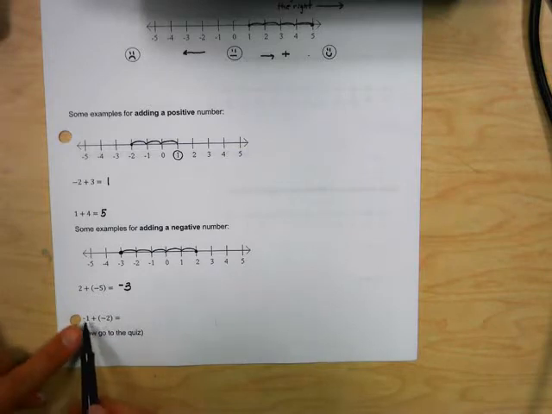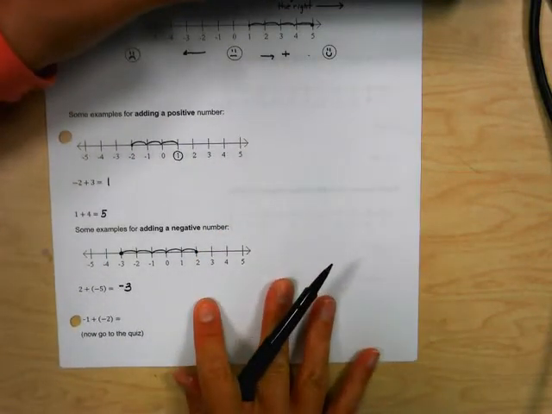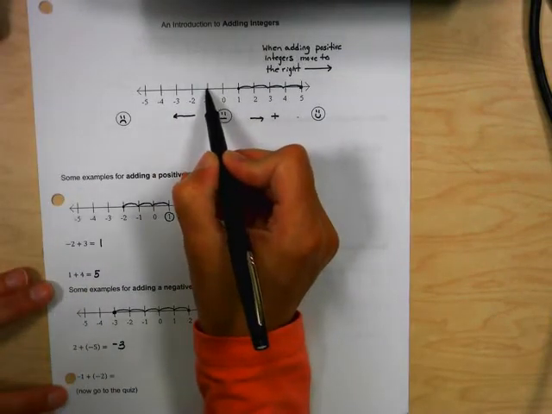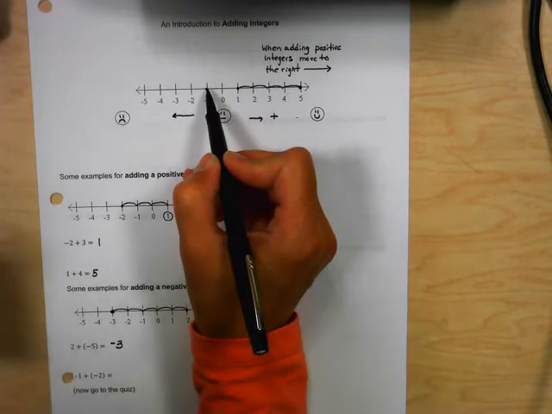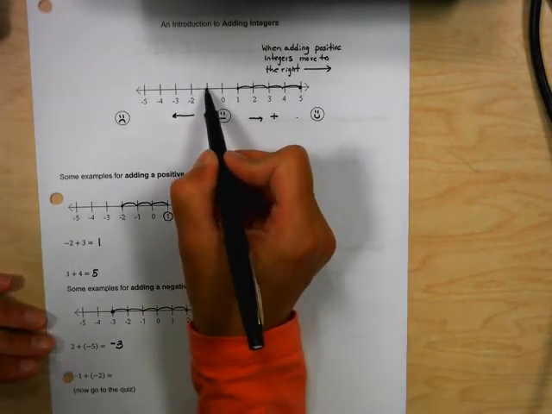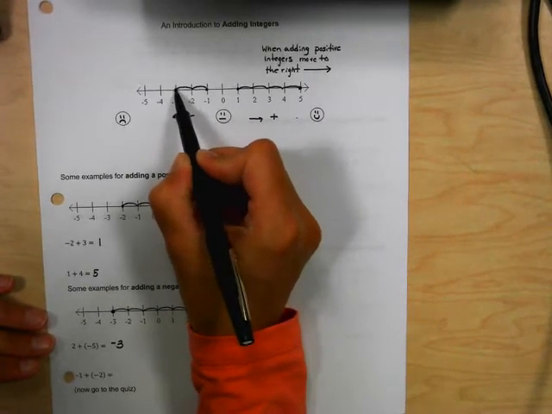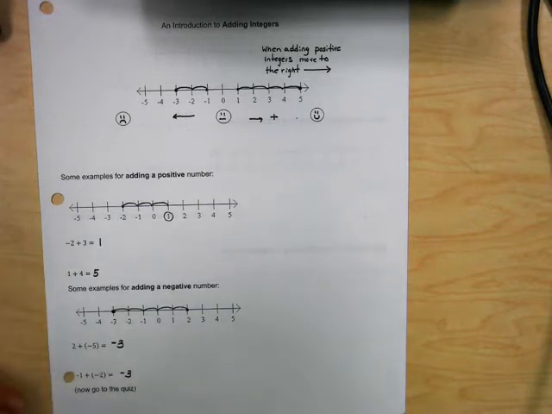Okay, this one says -1 plus -2. All right, -1, I'm going to do it up here. -1 plus a -2. So I'm starting here at -1. And if I add a negative, again, I've got to go to the left. 1, 2. Okay, so that would be my solution, -3 again.